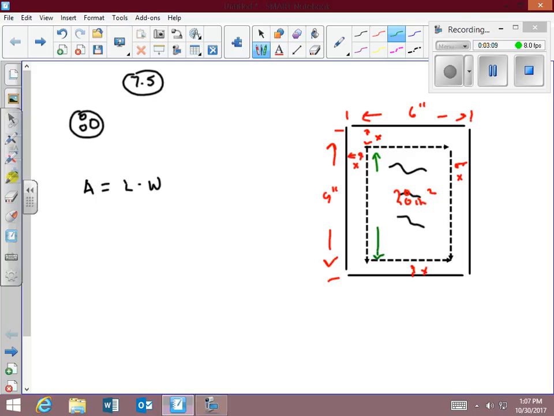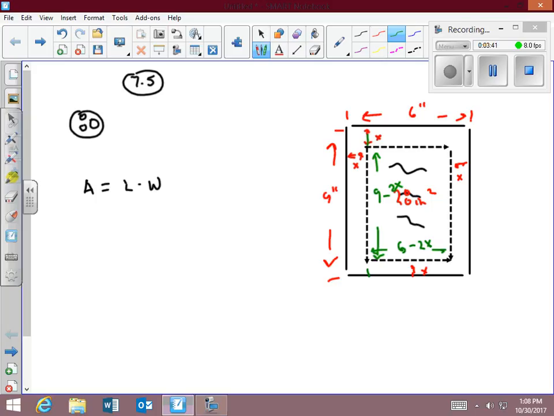And that length is 9 inches minus 2x, because there's an x distance here and an x distance up here. Then the width, which is this distance here, is going to be 6 inches minus 2x, minus the two borders.